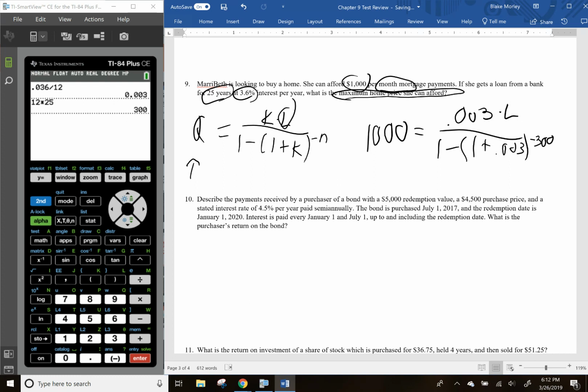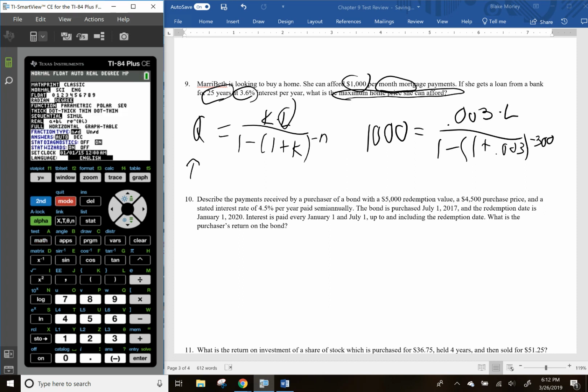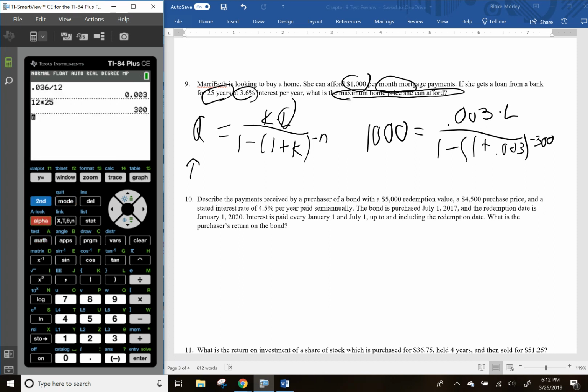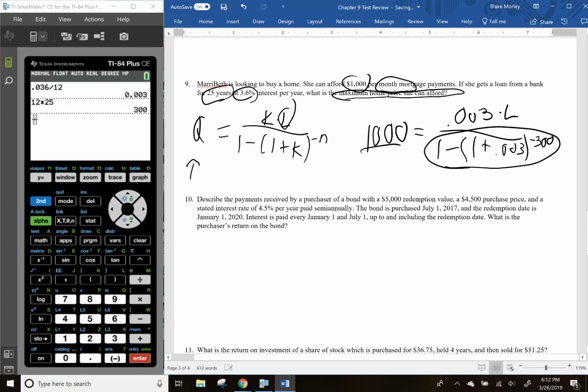So look how I'm going to type this in my calculator. Hopefully you can bear with me. If you did it differently other times, you're more than welcome to keep doing that. Now I'm going to do 1,000 times all that stuff that's in the denominator, since it's being divided on the right side, I need to multiply it to the other side.